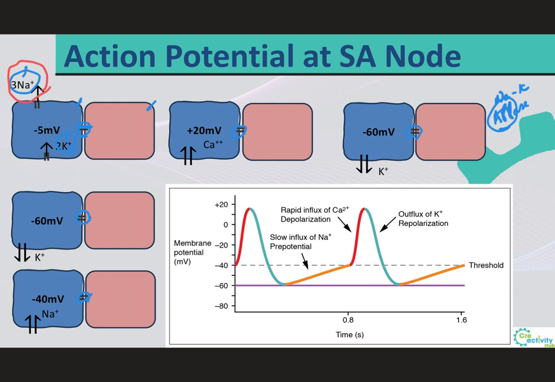Do we not have 3 positive sodium ions compared to 2 positive potassium ions inside of the cell? Therefore, this means that the net negative charge is going to be inside. And if you were to compare those charge differences, what you would find is that the net difference is a negative 5 millivolts inside of the cell, as we can see represented here on this image.